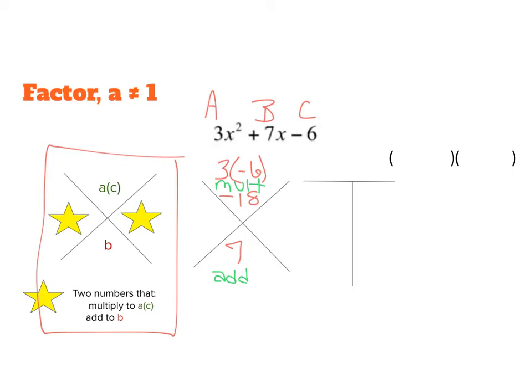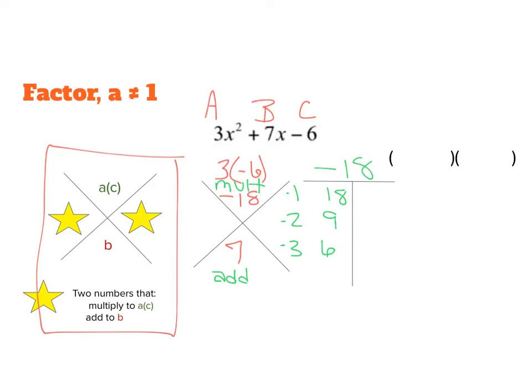Now, let's set up our little t-chart like we did in the last set of problems. Now we have negative 18, so I know 18, we can get that from 1 and 18, 2 and 9, 3 and 6. And we know since we're adding up to a positive number that it's the smaller number that's going to have the negative sign.